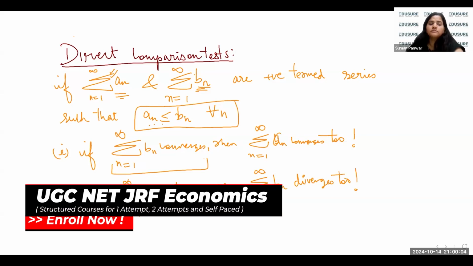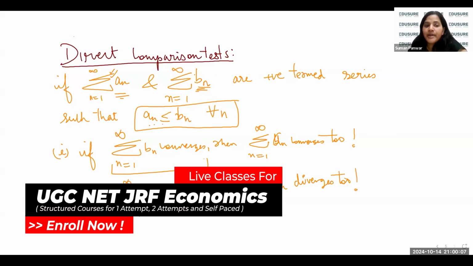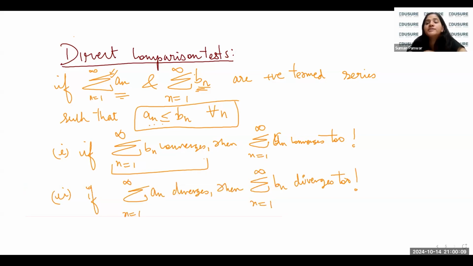Okay. So this is called the direct comparison test. Sometimes you'll not be able to apply the ratio test. So, in those cases, the direct comparison test becomes very, very useful.